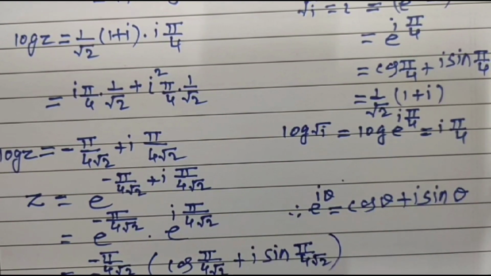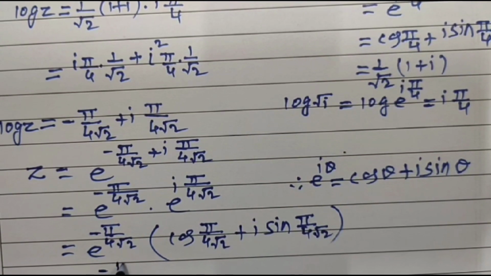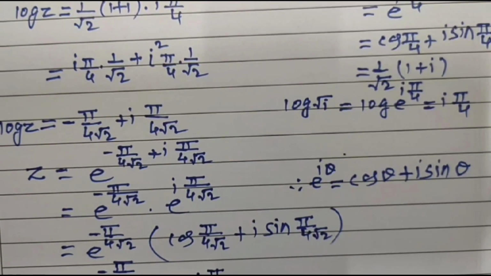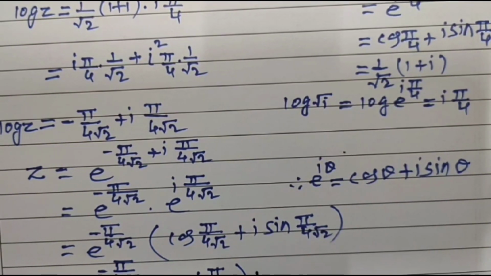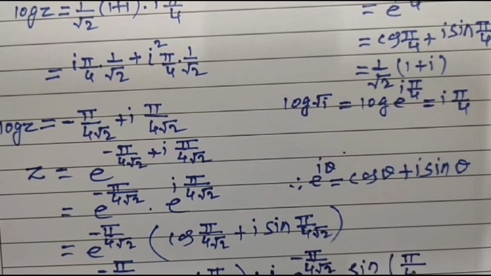Now multiply this bracket by this one, then this is equal to e to the power minus pi upon 4 root 2 into cosine of pi upon 4 root 2. This is the real part, plus i into e to the power minus pi upon 4 root 2 into sine of pi upon 4 root 2.